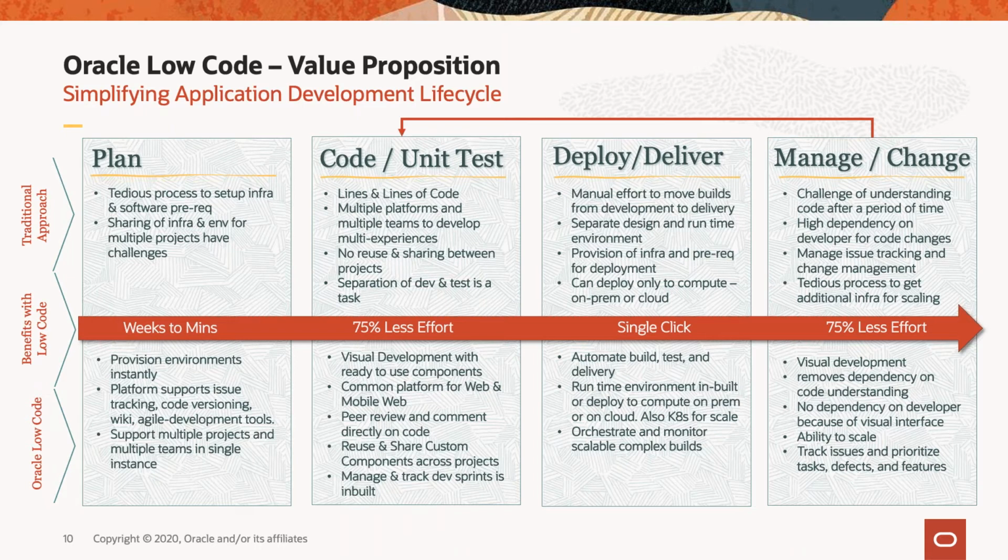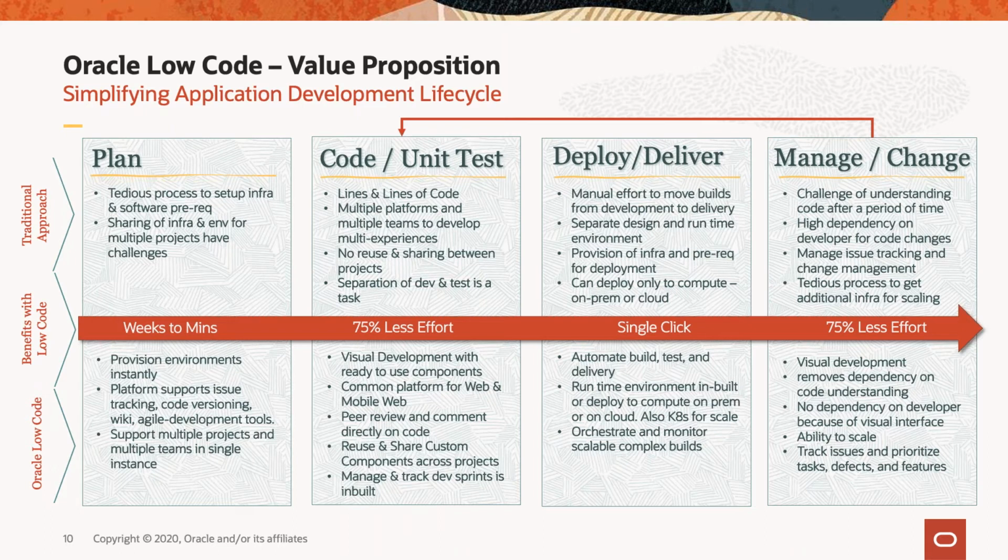Now, if you look at the top part, that's where we look at all the different activities required in the traditional coding approach, right? If you look at the bottom, it's how low code can help you simplify and reduce time and effort in working around those different steps, right?